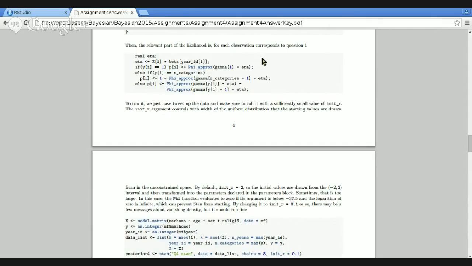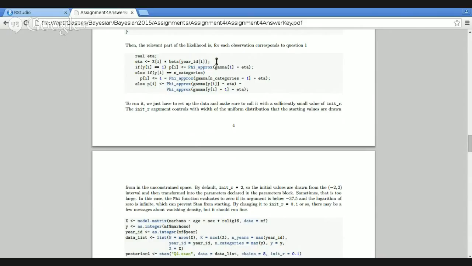And so if you extract the ith element of year ID, that's going to be some number between 1, 2, 3, 4, 5, 6, 7. And then that number gets put into the array selection for beta, and it will pull out the betas for that year. So this array of vectors business is almost like a list of vectors in R. Not quite, it only has single bracket indexing, but it's basically the same idea.